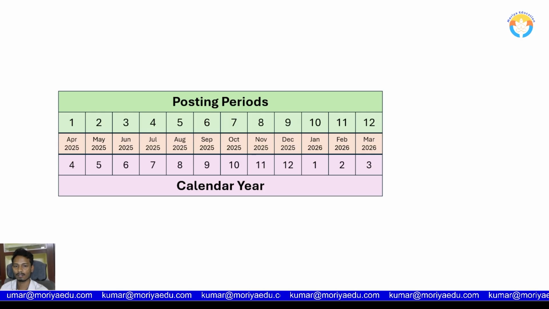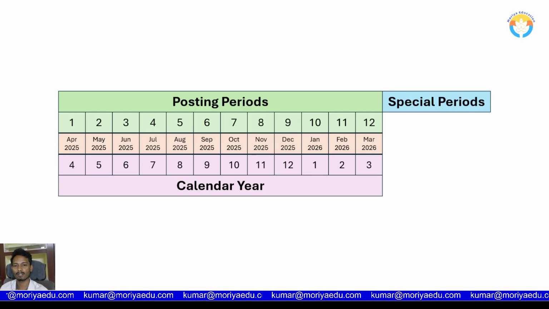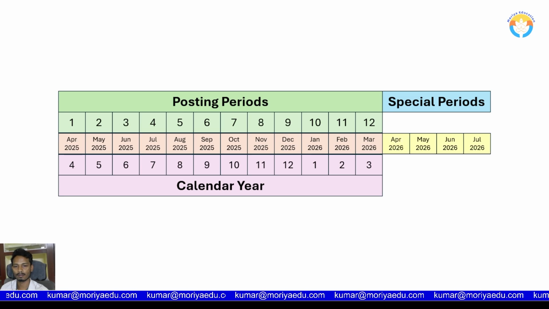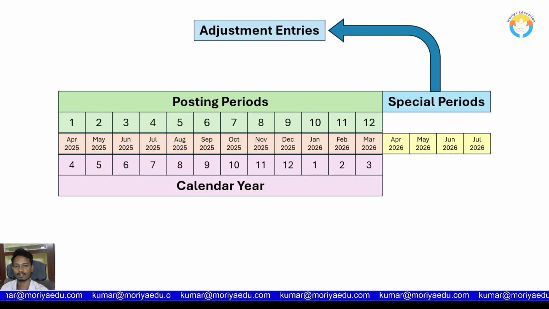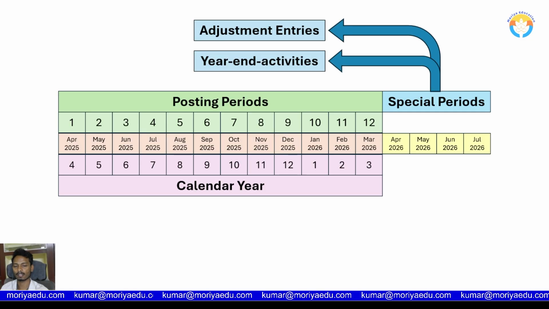In SAP, there is a concept called special periods. These special periods are also months, but will be used to post specific types of transactions like adjustment entries and year-end activities. In SAP, we can define up to 4 special periods. These special periods start immediately following the last posting period.